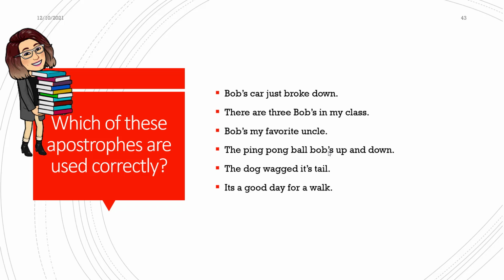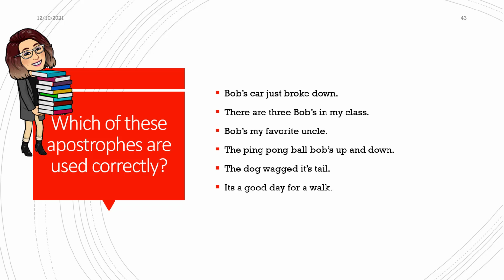Here, the dog wagged its tail. We don't use an apostrophe S because this is a possessive pronoun. When you have a possessive pronoun, like yours, his, ours, theirs, we don't use apostrophes. So this should be the dog wagged its tail, minus the apostrophe.